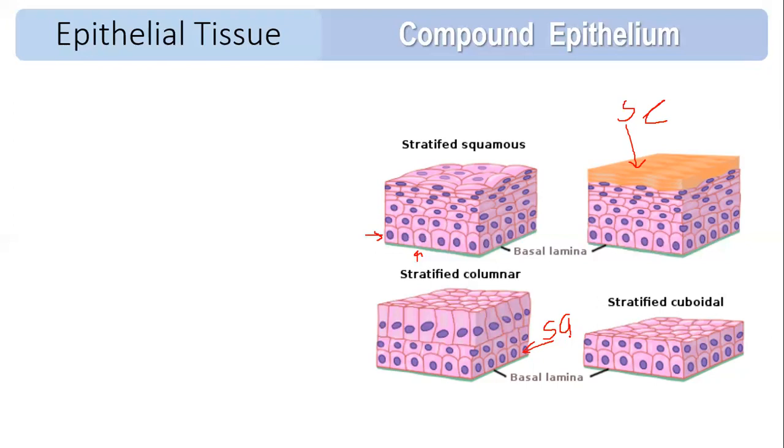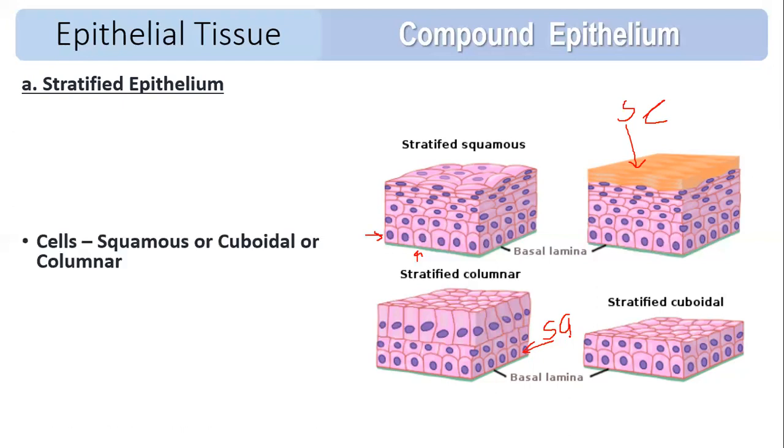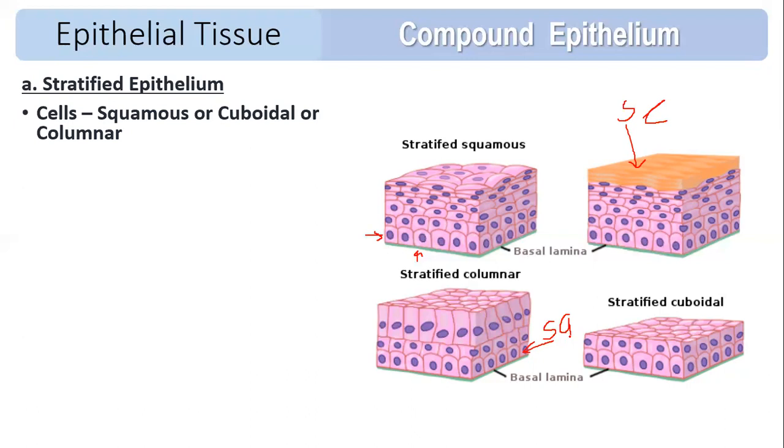So what is the main function? Main function is protection. So where is it present? In the epidermis, esophagus, cornea, vagina, and rectum. So cells can be squamous or cuboidal, 2 to 3 layers.